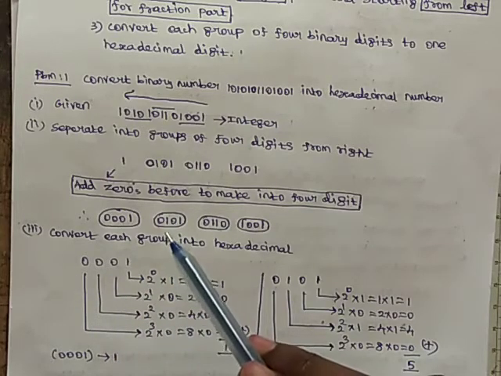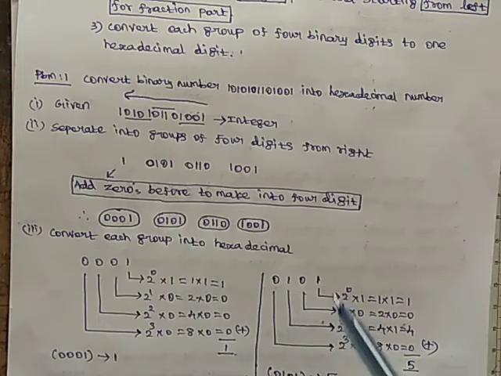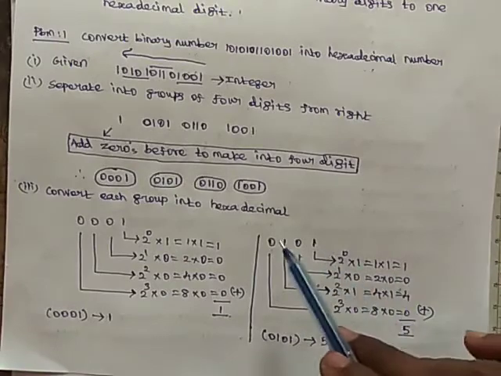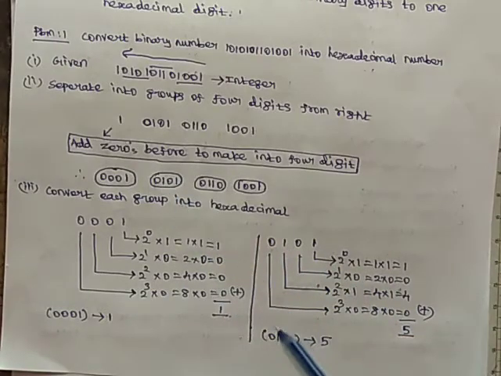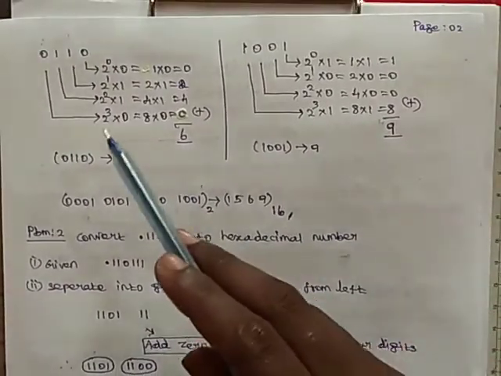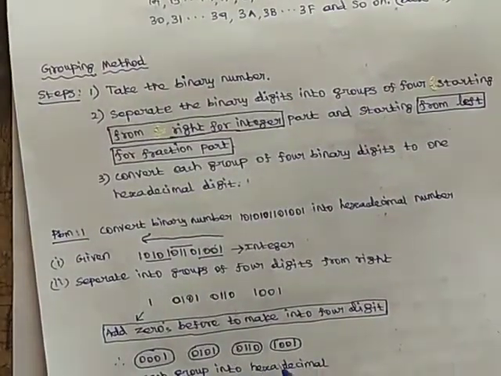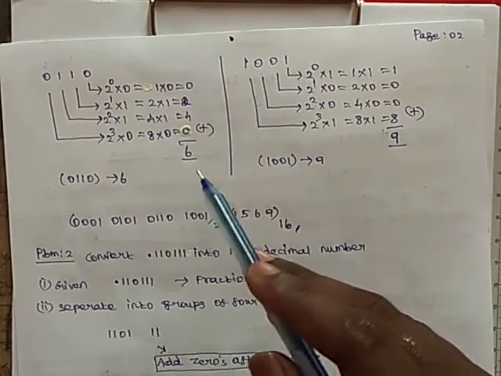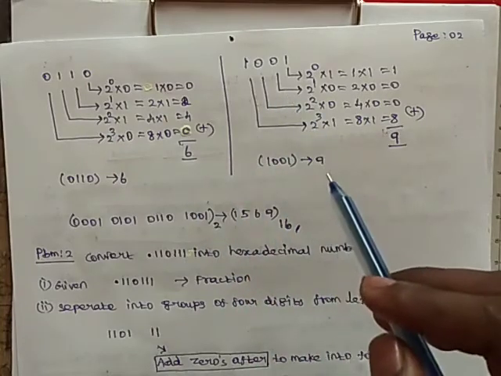Next the second group, 0101, which gives the result 5. The third group 0110 is converted as 6, and the fourth group 1001 is converted as 9.